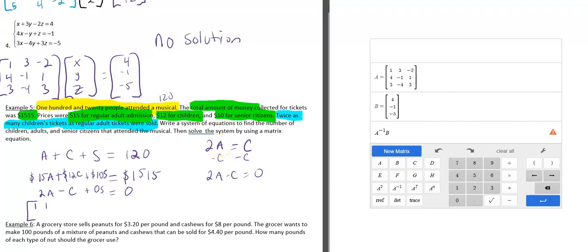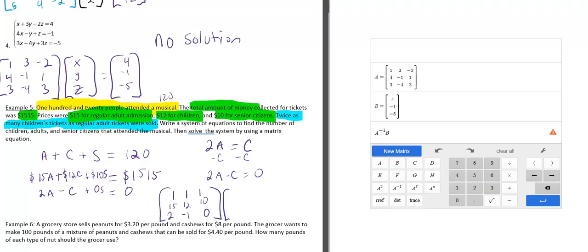So 1A, 1C, 1S, 15A, 12C, 10S, 2A, negative 1C, 0S.